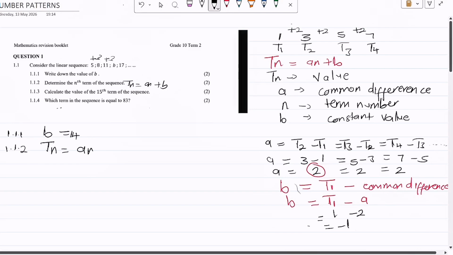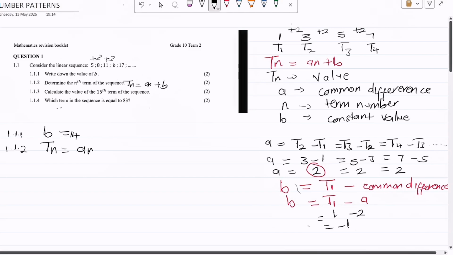Then we can have 3n plus. For us to get b, we can say b is equal to T1 minus a, which will be 5 minus 3. And then we will have a 2, meaning that our general term or our nth term will be 3n plus 2.